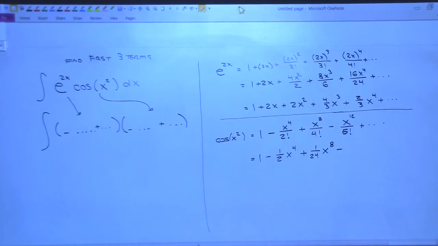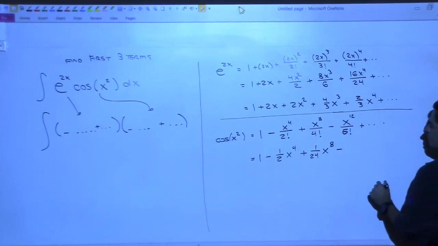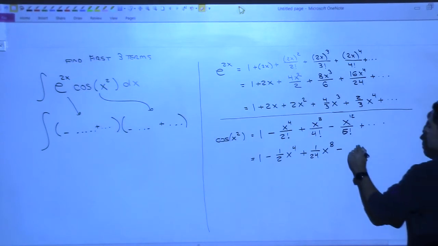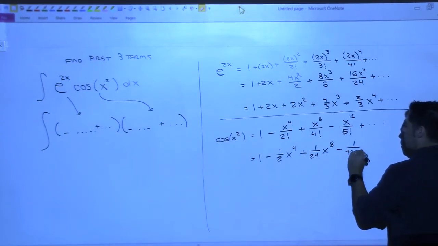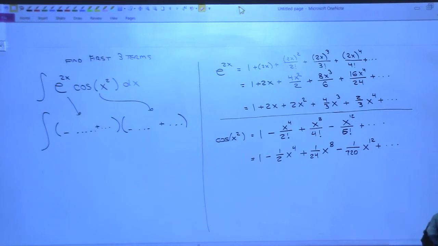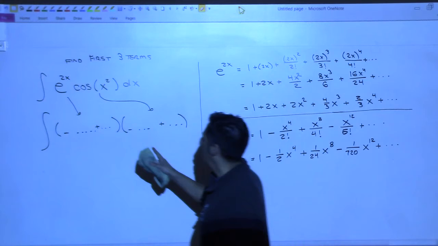Bigger number, huh? 120? No, then times 6, right? What is it, 7? 720? 7, I think it is. 1 over 720. Dot, dot, dot. Okay? Got that? Understand where we are?